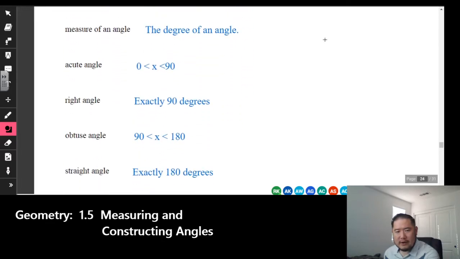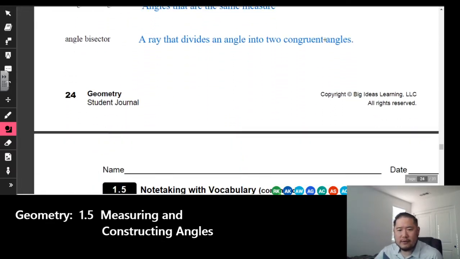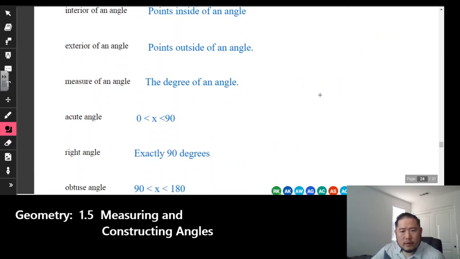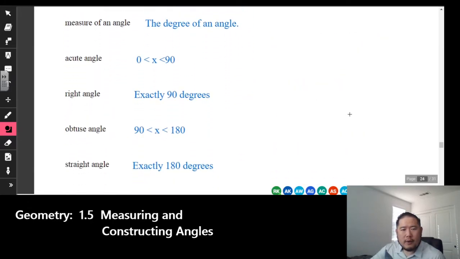The measure of an angle is considered the degree of the angle. Now, here are some key facts. You've got to know the difference between acute, right, obtuse, and straight angles. An acute angle is an angle that is less than 90 and greater than 0.